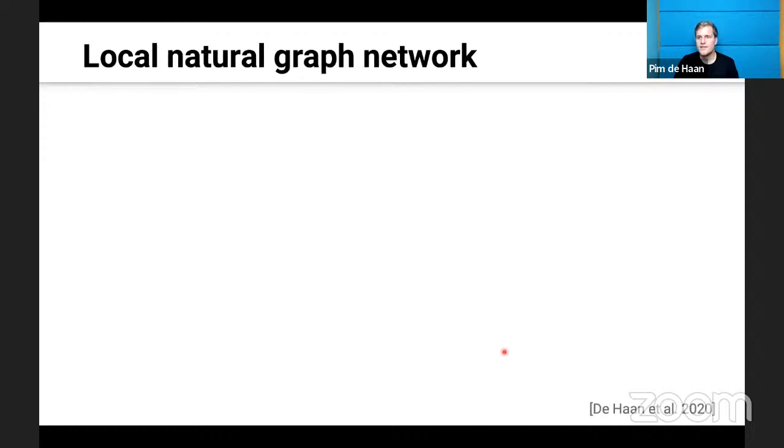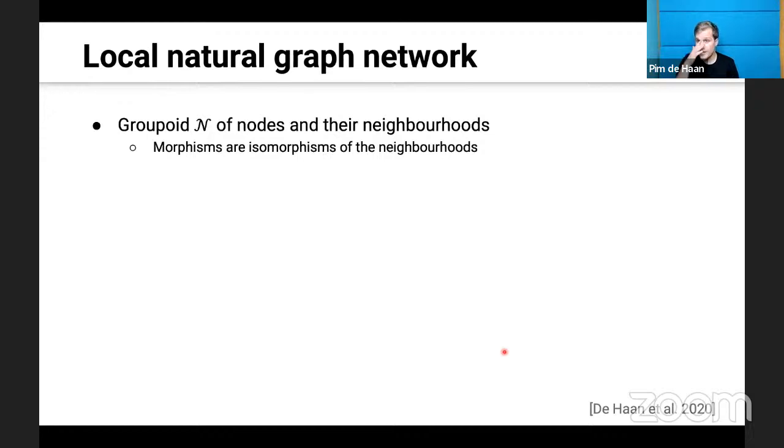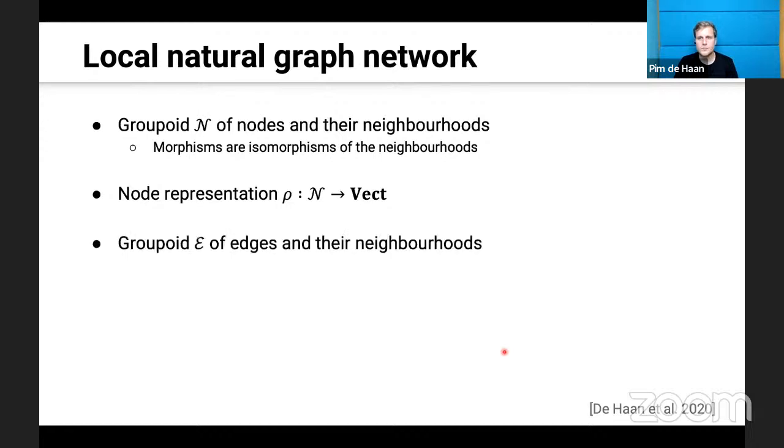So to define such a local natural graph network, we first define a groupoid of nodes and their neighborhoods, where the morphisms are now isomorphisms not of the entire graph, but only of neighborhoods between the nodes. Then we give nodes a representation so that every node has a vector space, and an isomorphism between nodes has a linear transformation between the vector spaces.